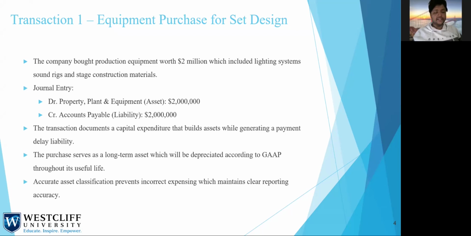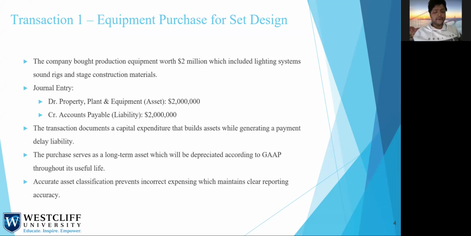Our first transaction involves the purchase of equipment used during the show's production, which is valued at around $2 million. This asset is likely spent on lighting and designing tools. This was recorded as a capital expenditure, so it increases the fixed asset and accounts payable.